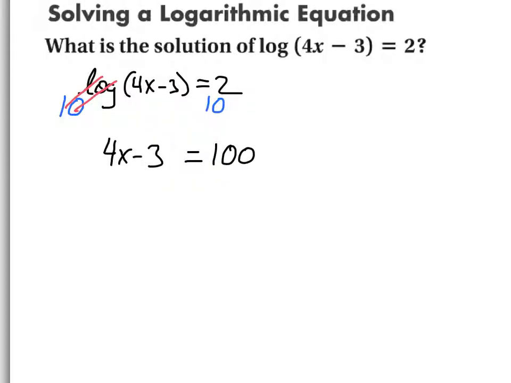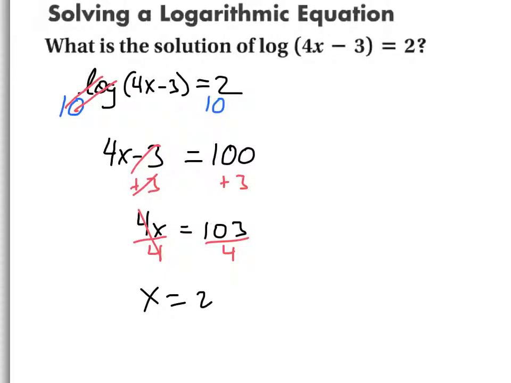So we've gotten rid of our logarithm. Now it's a matter of solving a simple two-step equation from Algebra 1. Add 3 to both sides. Divide both sides by 4. So 103 divided by 4 is going to be 25.75.